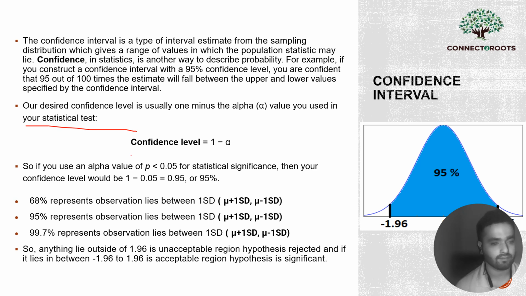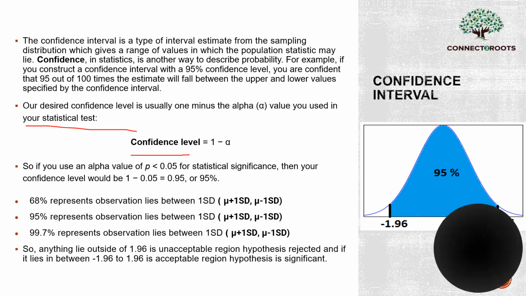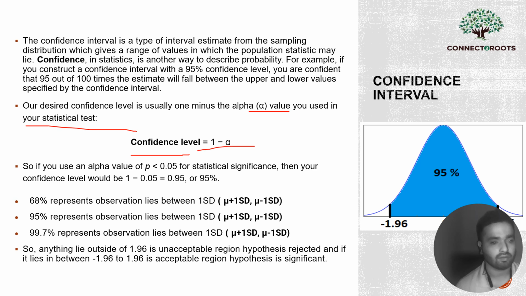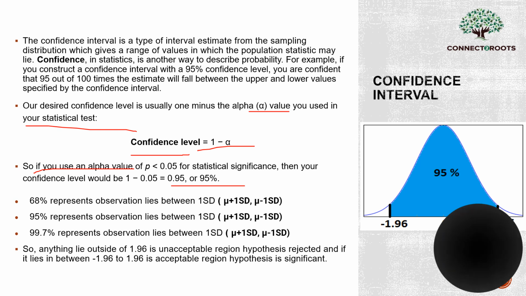So basically, the confidence level is determined by alpha, and the confidence level is usually 1 minus alpha. So if your alpha value is 0.05, your confidence is 1 minus 0.05, which is 95%. As I have said earlier, 68% of your data is within one standard deviation.